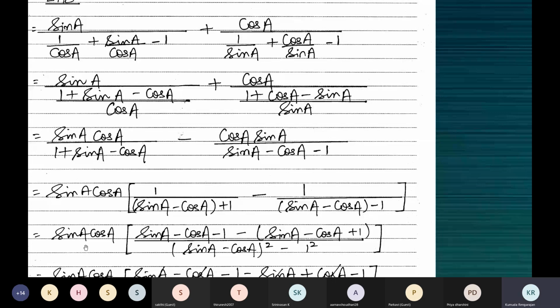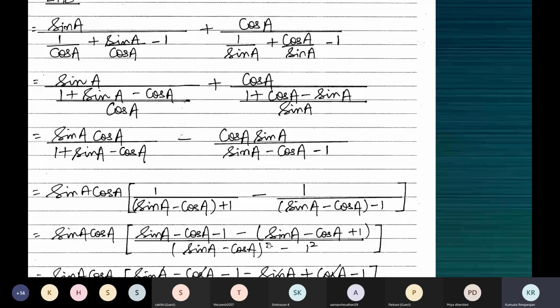So you can see sin A cos A outside, and then this is A minus B into A plus B. Children, this is A till here. This full thing is A. Why are we calling it A? Because it's the same: sin A minus cos A, sin A minus cos A. So A plus minus B is 1.